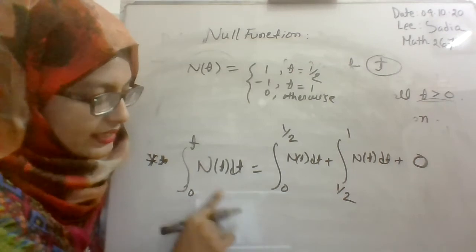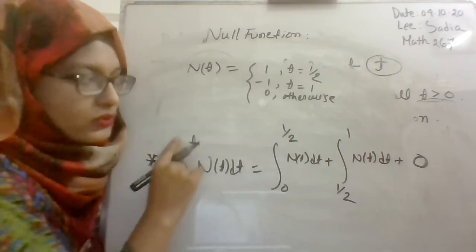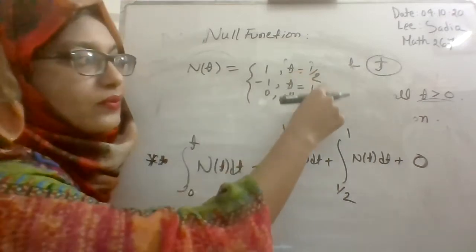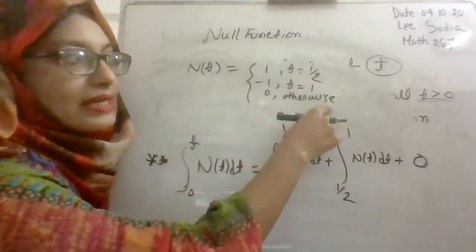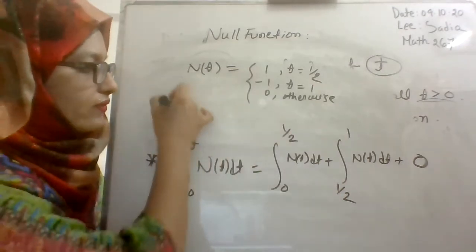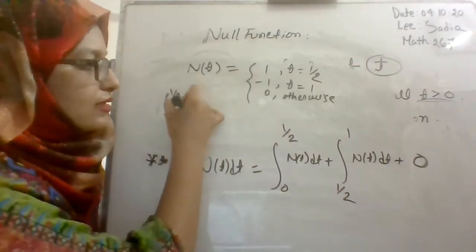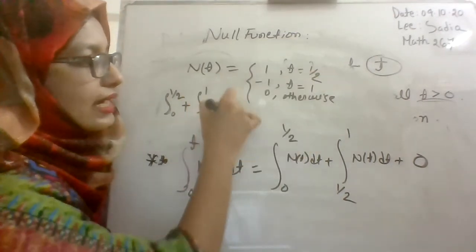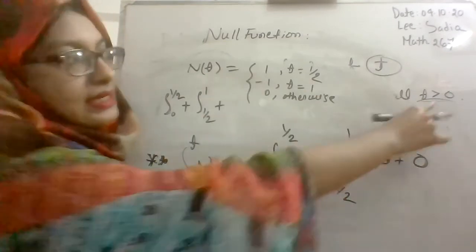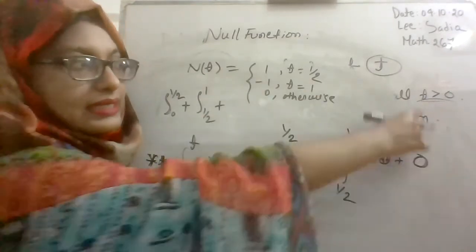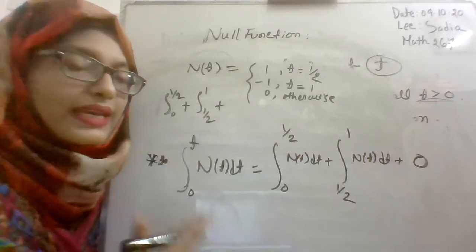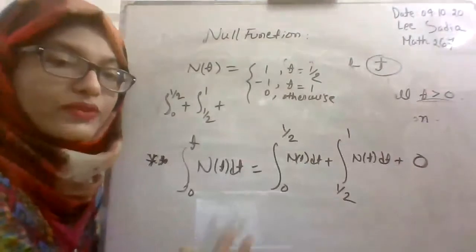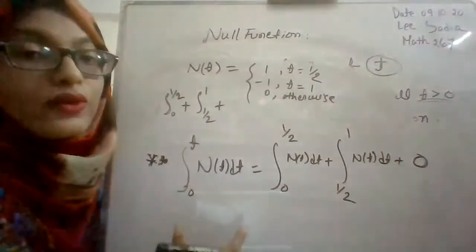But to prove this, you have to take the limit from 0 to t. And here the values of t are given as half, 1 and otherwise. Half, 1 and otherwise means your first interval will be from 0 to half, the second interval will be from half to 1, and for otherwise, since t is greater than 0, the values of t can be up to infinity.